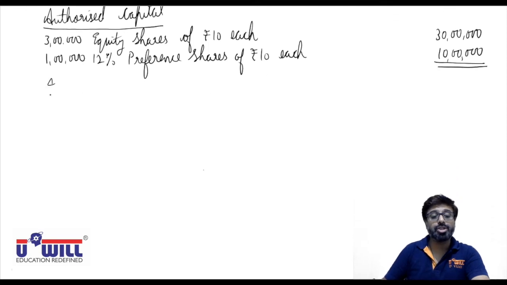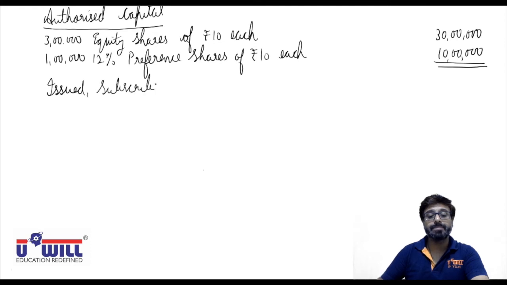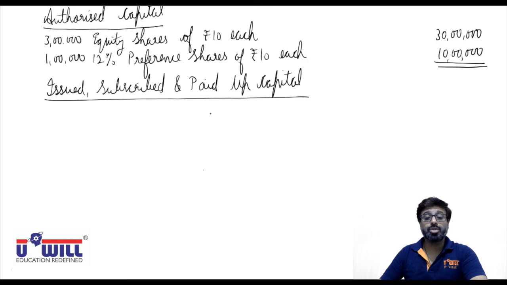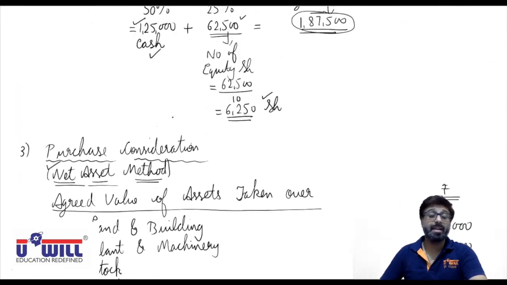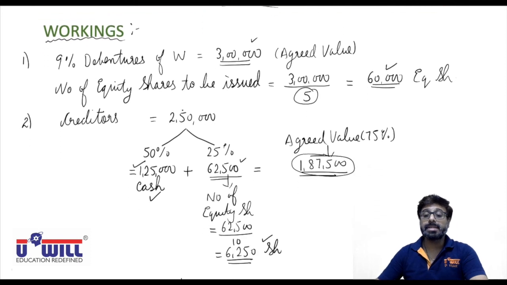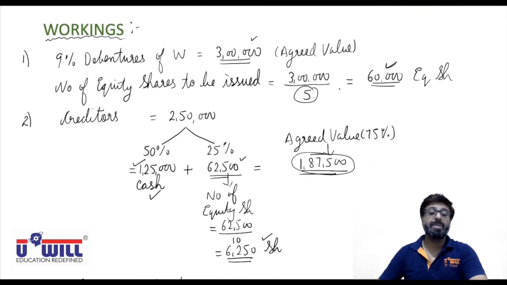Then we have issued, subscribed and paid up capital. Now, issued, subscribed and paid up capital, be attentive everyone. You have to be very careful with this. 60,000 equity shares but they are 5 paid up.